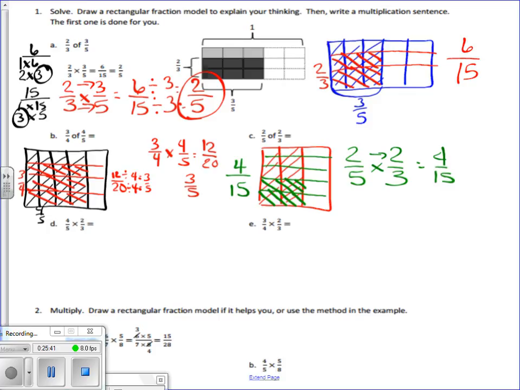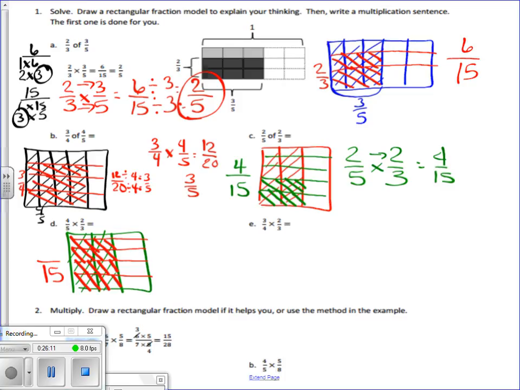4/5 of 2/3. There's 2/3. So 1, 2, 3, 4. So I should have 1, 2, 3, 4, 5, 6, 7, 8, 9, 10, 11, 12, 13, 14, 15 pieces.